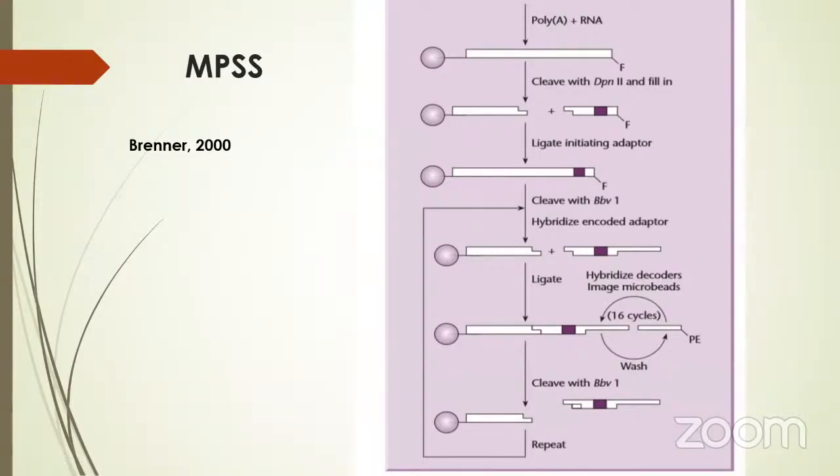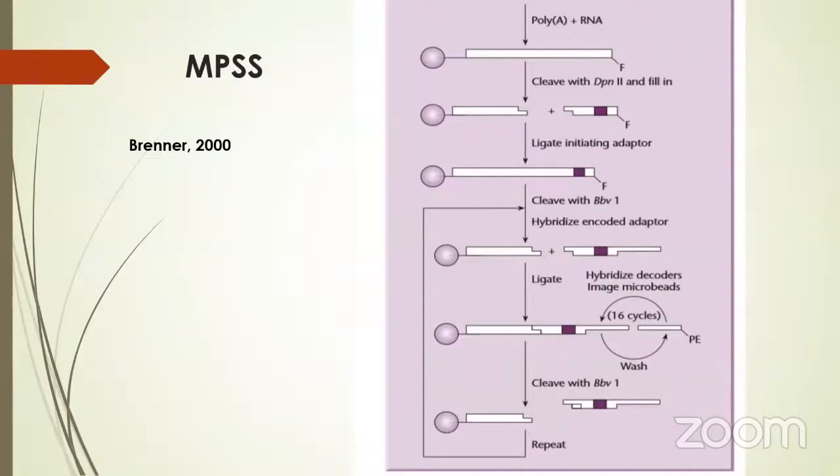Now decoding is generally achieved by conjugated labels. Then we can analyze it by cytometry or FACS, the fluorescence activated cell sorting method. I will discuss these at the last part. So in case of MPSS, what happens? We have a fragment of cDNA attached with an adapter that already has a barcode, and we can ligate so many adapters together, and we can multiply because we know the adapter sequence.